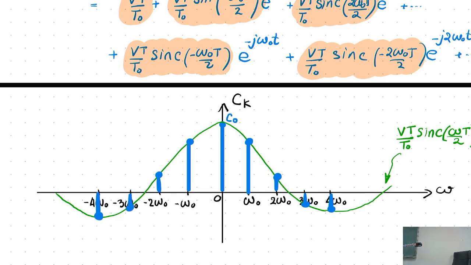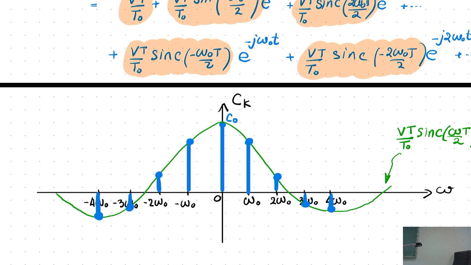So this graph is called the frequency spectrum. It tells you the component of your signal at each of these frequencies. So the component at frequency 0 is this value, this number. At frequency omega 0, the component of the signal is this number.